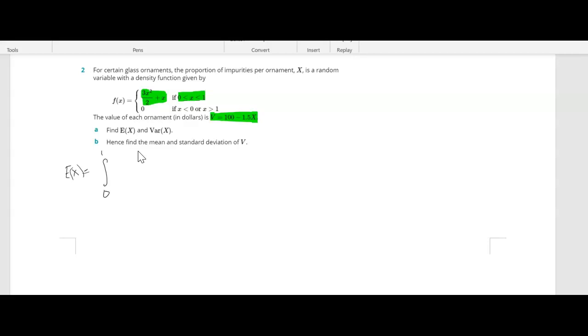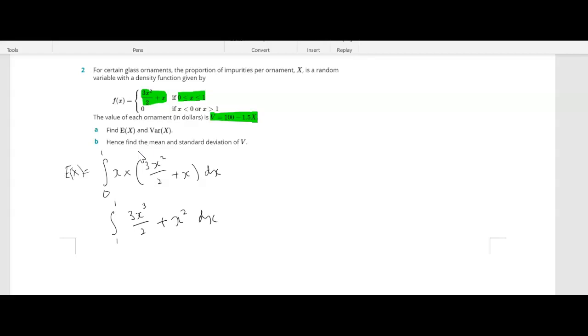When you're doing the expected value, it's just x times f of x, so f of x being 3x squared over 2 plus x dx. And I might just expand that x in. So we've got the integral from 0 to 1 of, x times 3x squared is 3x cubed over 2 plus x squared.